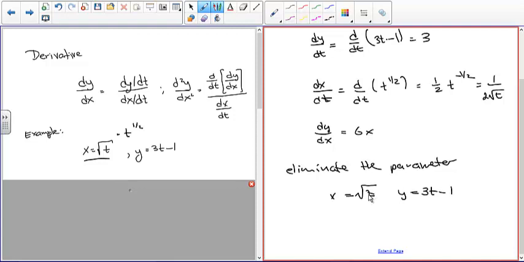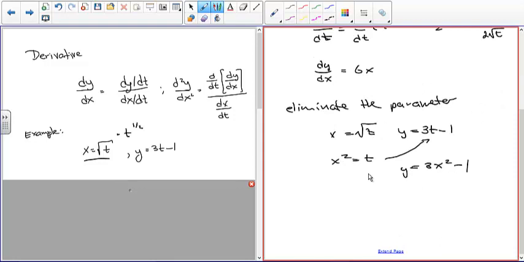If we want to solve for t, we're going to solve for t using this equation. So we'll square both sides. So you get x squared is equal to t, and we'll substitute that into here. So we get y is equal to 3x squared minus 1.